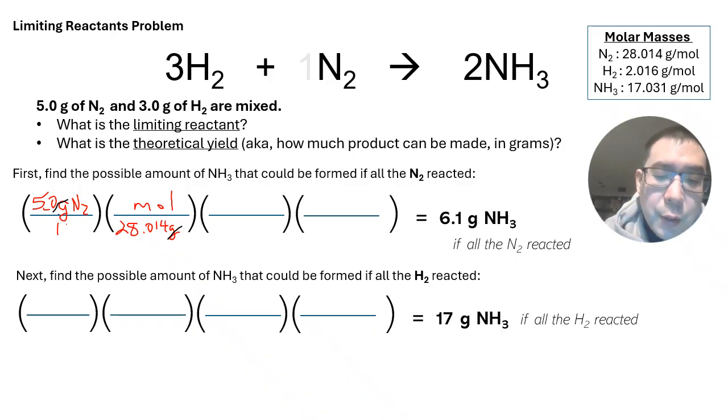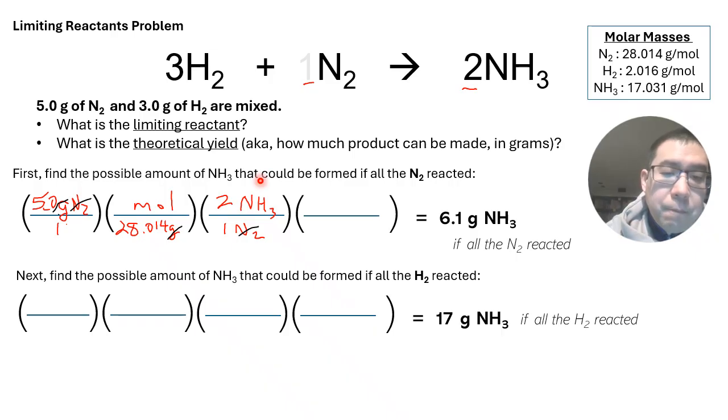Next, we need to use the coefficients, right? And we need to get from N2, we use the coefficient over here, 1, and then from N2 to NH3, so 1 to 2, we put the N2 down here in the denominator because we want to cancel our N2s and want to be left with NH3. And so we cancel our N2 and our N2.